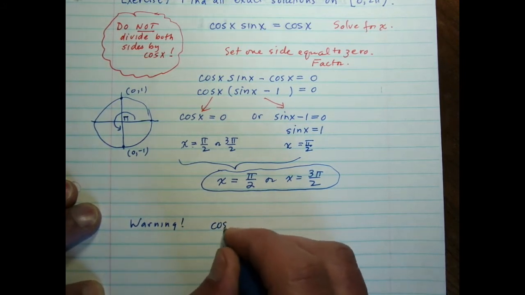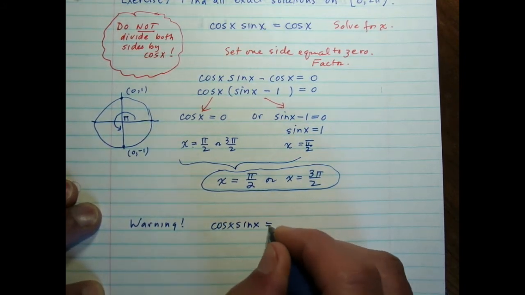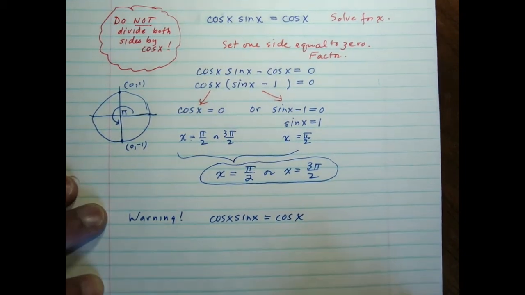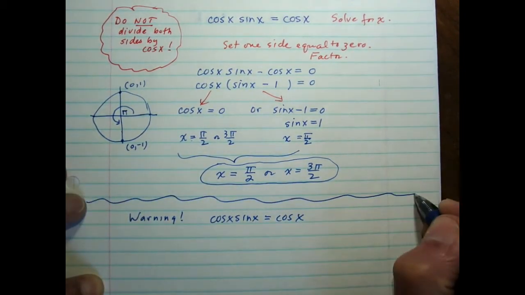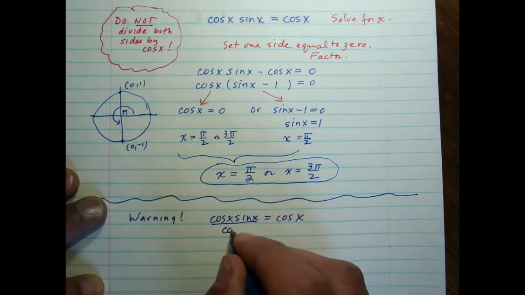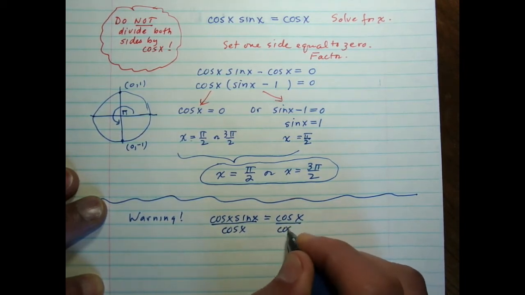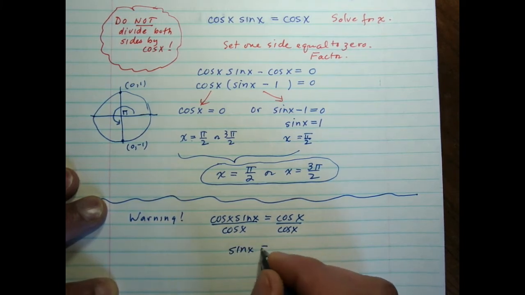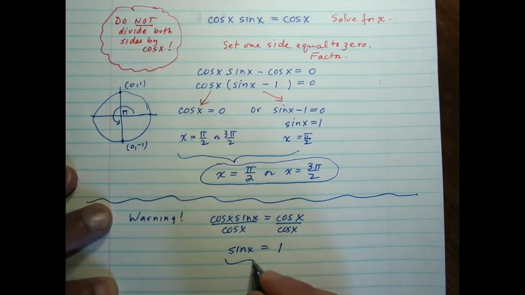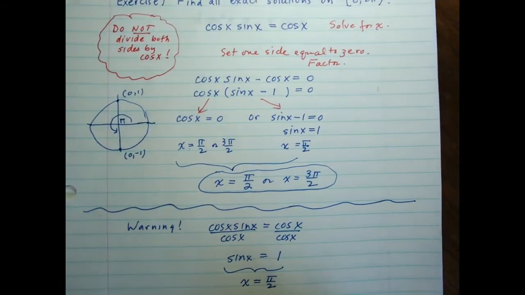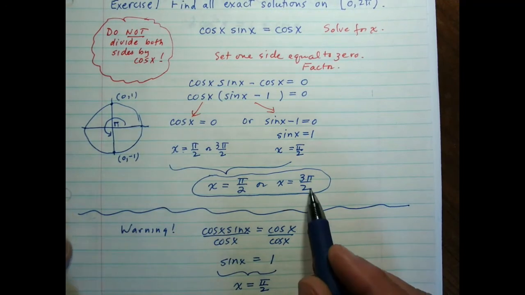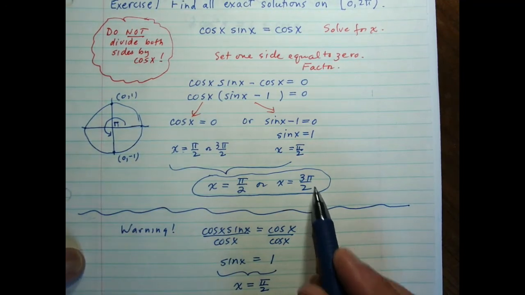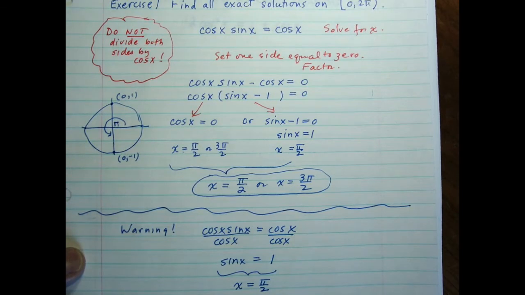If you take cosine x sine x equals cosine x, and we divided both sides by cosine x, we end up with sine x equals 1, and the only solution we get from sine x equals 1 is x equals pi over 2. So we lose the 3 pi over 2 solution if we divide both sides by cosine x.